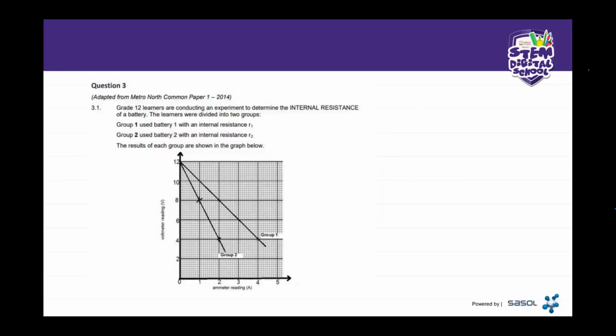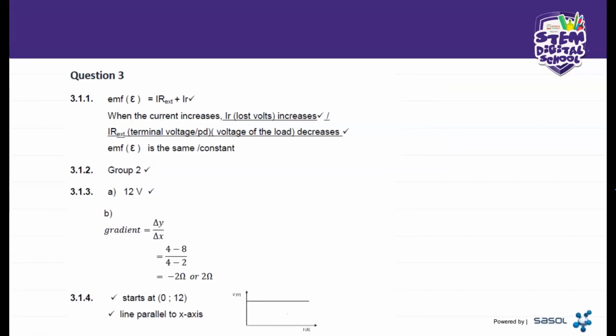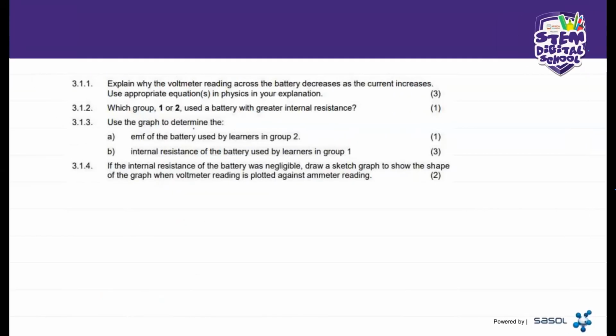Just because the current decreases doesn't mean that it's not 12. It's still 12 because this is where it started. Wherever it starts from, that is your EMF, electromotive force, okay? So that's your simple 1 mark that you can take just by writing the 12 volt.